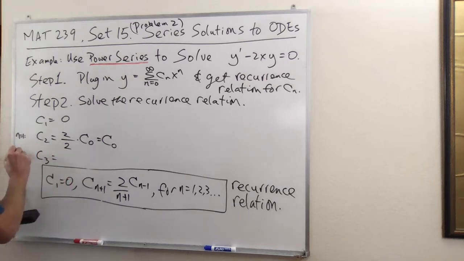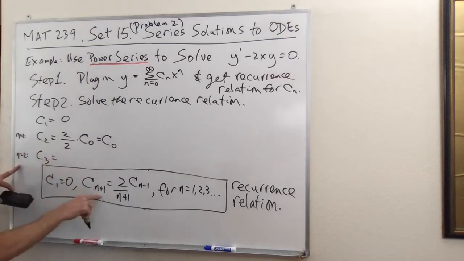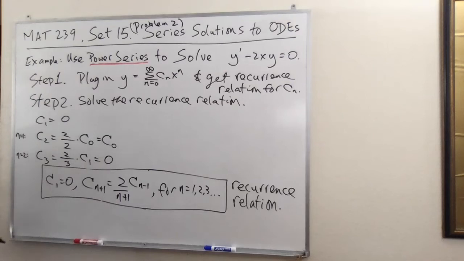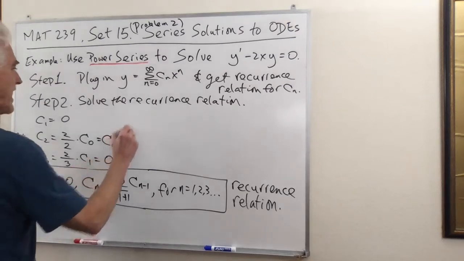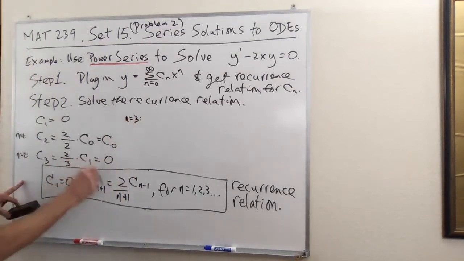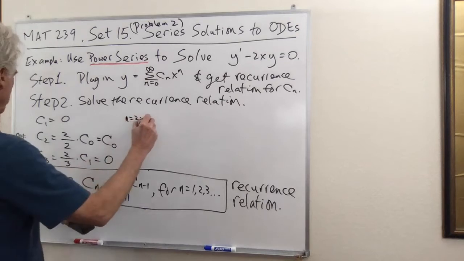Okay. Now what is C3? C3, when n equals 2, is going to be 2 over 2 plus 1, 2 over 3 times C1. Oh, but C1 is 0, so this is 0. Okay, so what happens when n is 3? I get what C4 is.